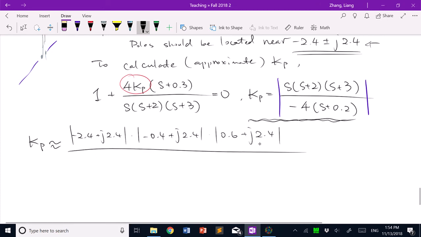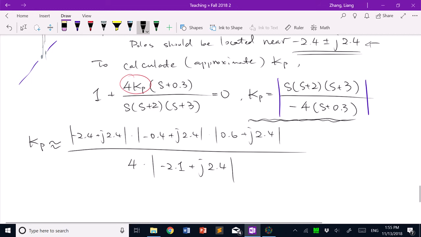Divided by 4, I take the absolute value again. It is minus 2.4 plus 0.3. So 0.3 here, and negative 2.1 plus j 2.4. So replace everything with absolute value when we do the approximation.